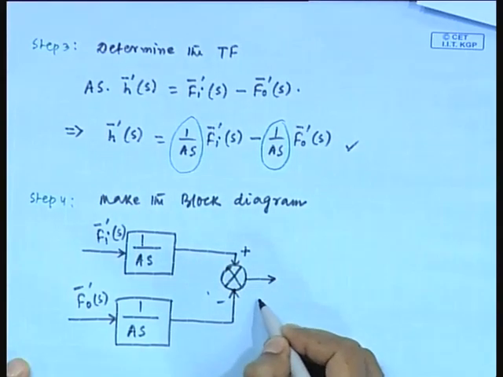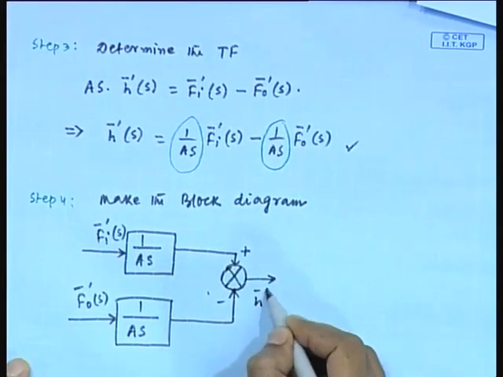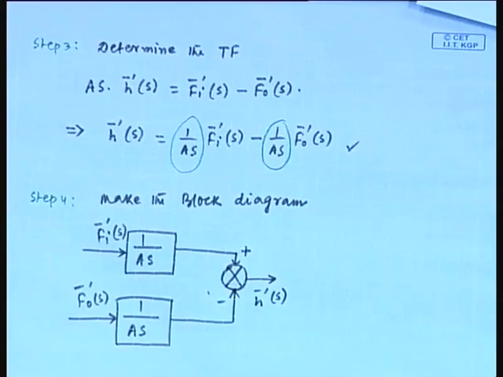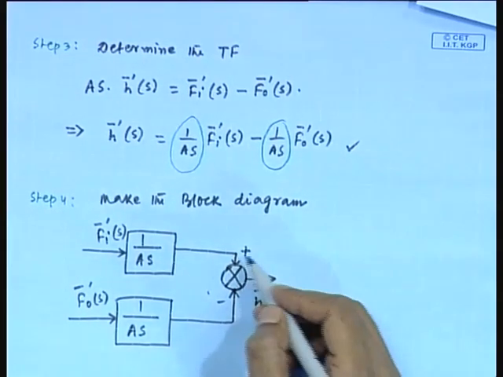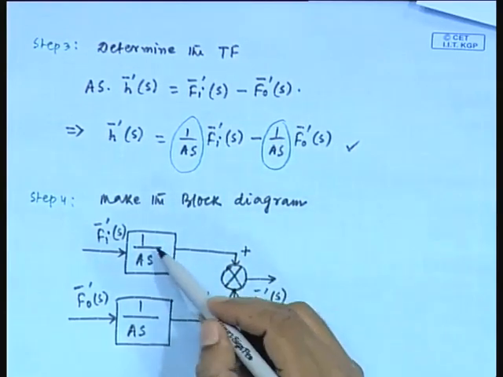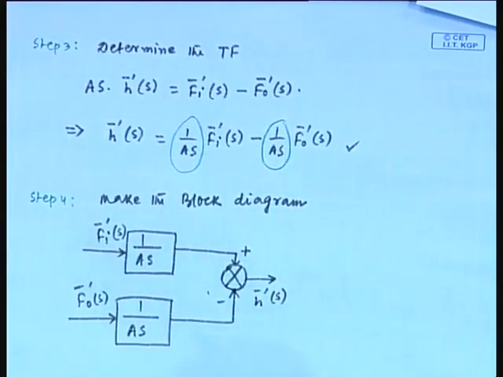Output is h bar prime s. Fine. We are just considering 1 by A s f I bar prime s minus 1 by A s f naught bar prime s equals h bar prime s.